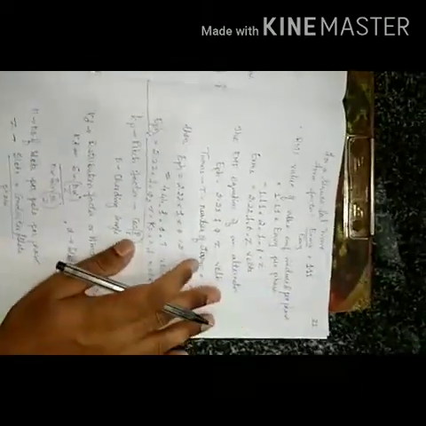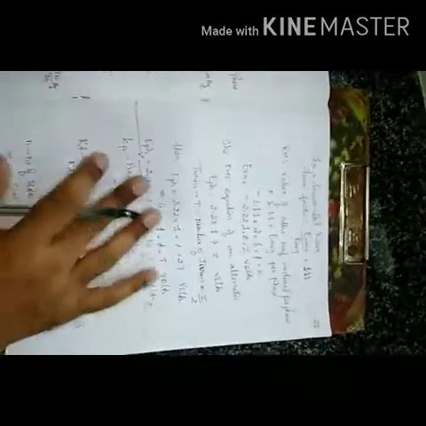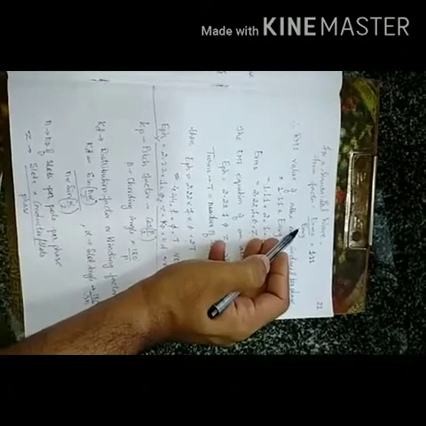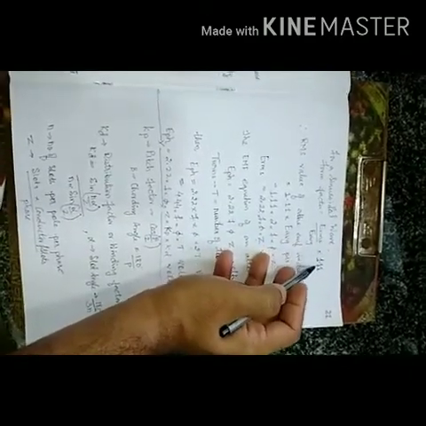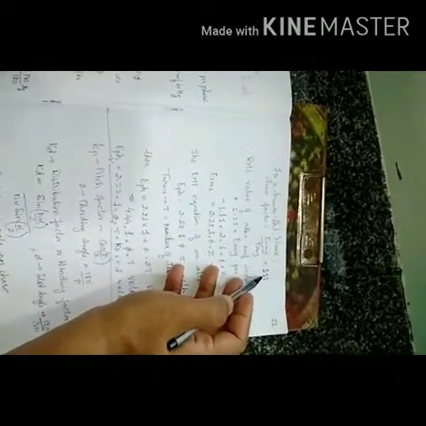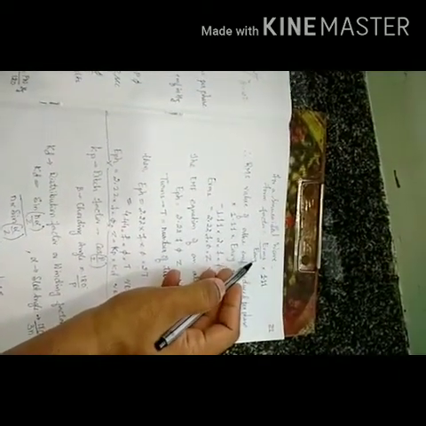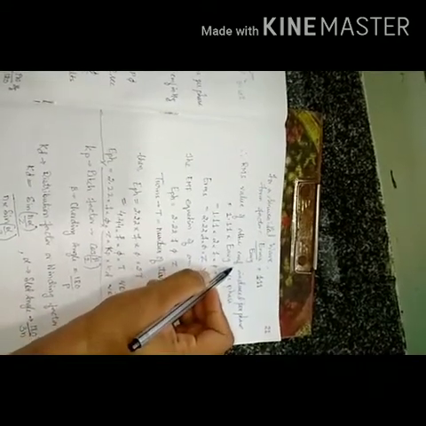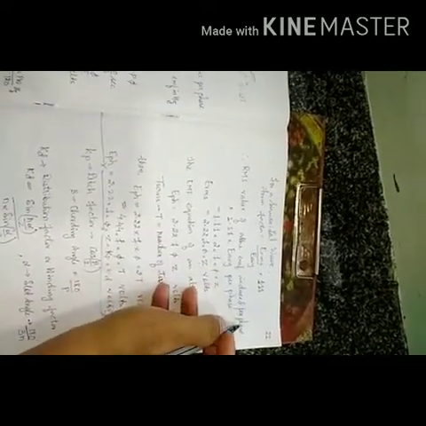Now, what is the form factor for a sinusoidal waveform? It is E RMS by E average, which is equal to 1.11, which we have seen in module 2. Therefore, E RMS is equal to 1.11 into E average, the EMF induced per phase.